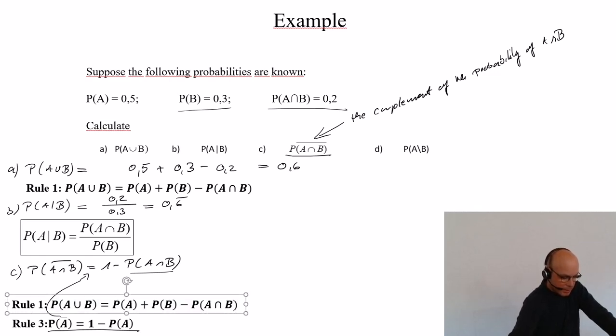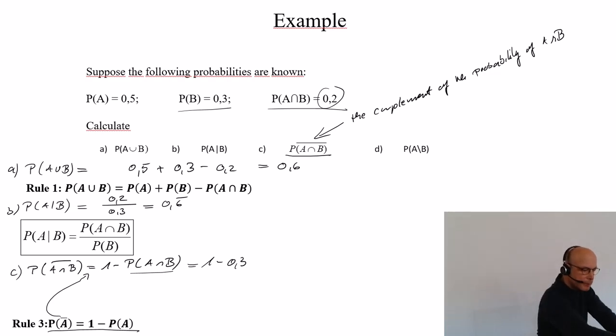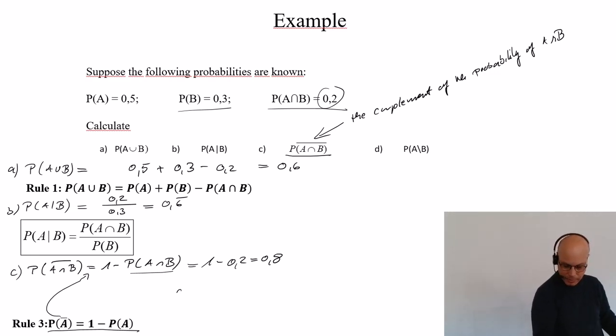Then we don't need this one. And here we have directly our 0.2, so 1 minus 0.2 equals 0.8.